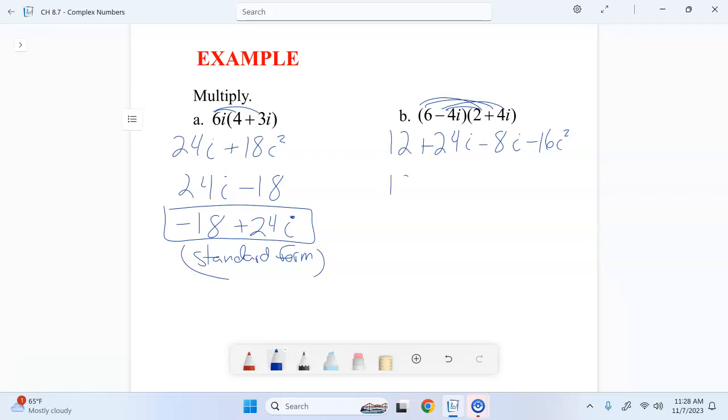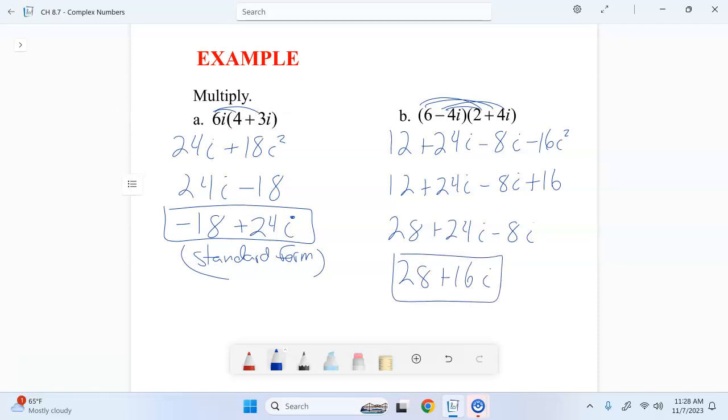Good. So I've got 12 plus 24i minus 8i plus 16. And when I combine those, what do I get? 28. Anything else? Combine the two i's to get 16i. And again, make sure it's in standard form. This means the real part first, the imaginary part second.